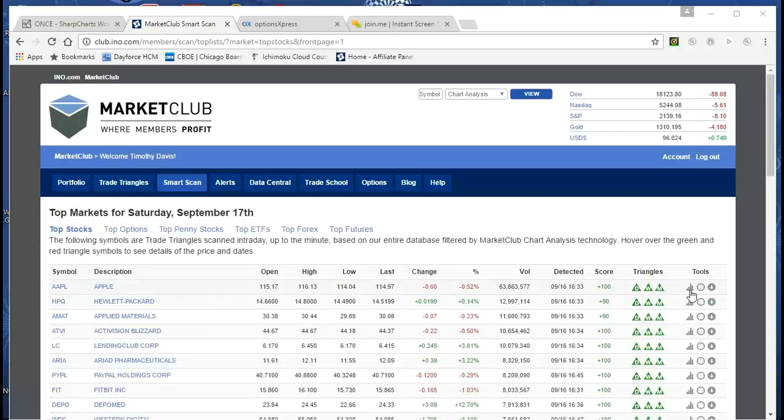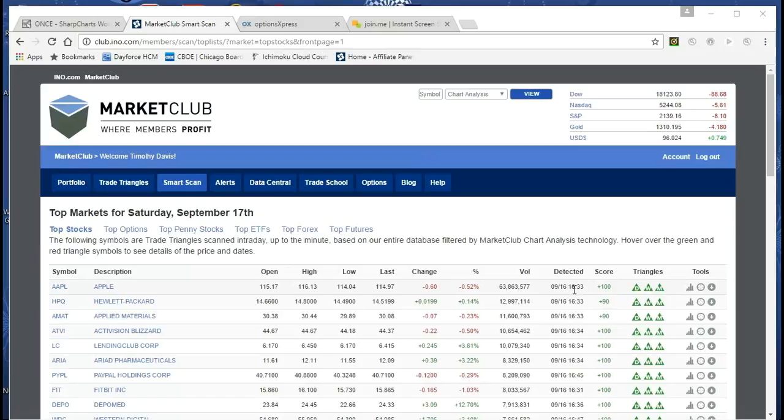Now, if you see this on the right-hand side where it says tools, it shows you the open, the high, the low, the last, change, percentage, and the volume. The volume is extremely heavy in Apple. And right here where it says detected, this tells you when it had its last detection of either the score of 100% or one of these triangles.